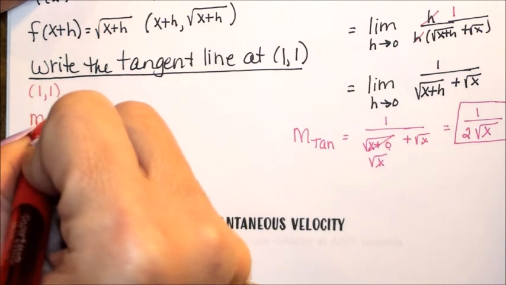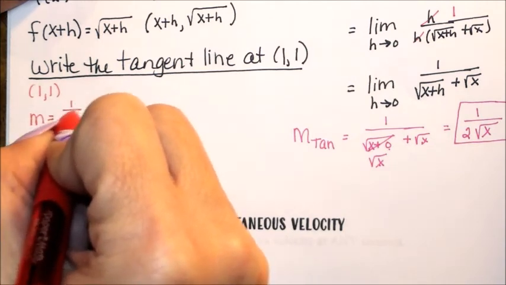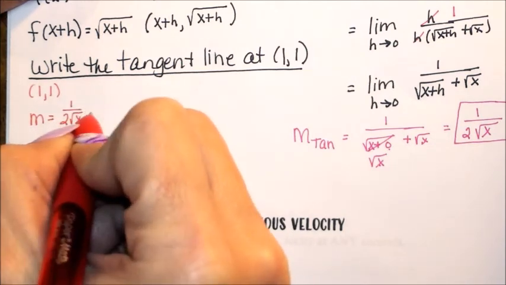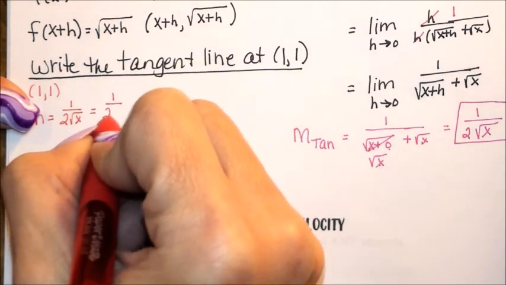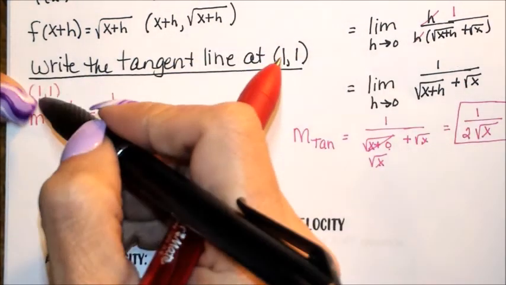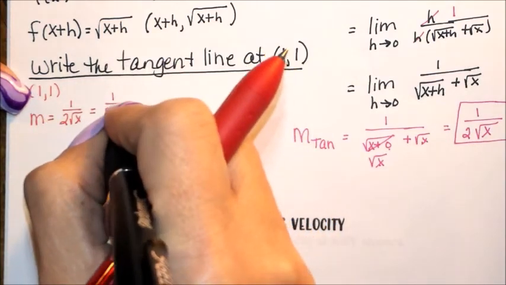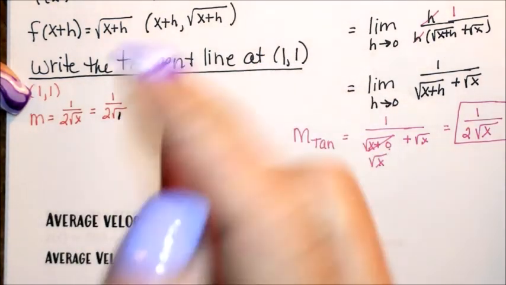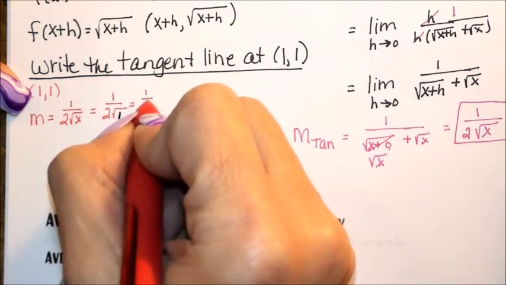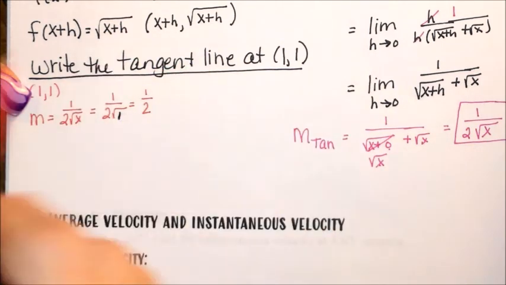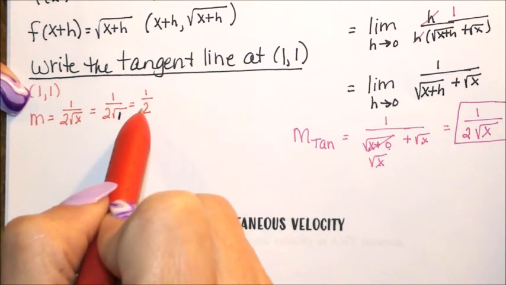The slope is 1 over 2 square roots of x. Well, let's plug it in. 1 over 2 square roots, x is 1. So we're going to plug in 1. So that means it would be 1 over 2. Point, slope.